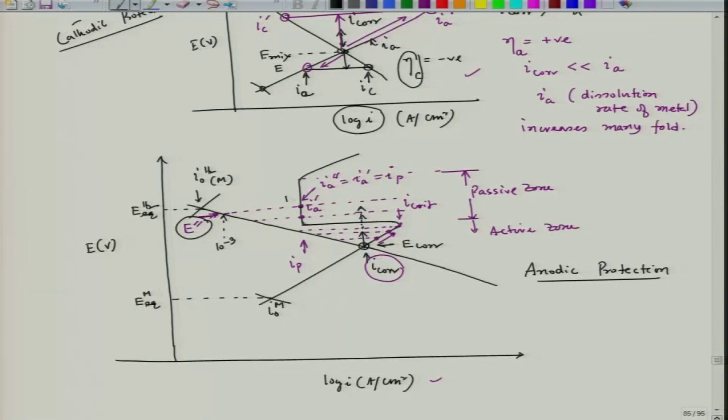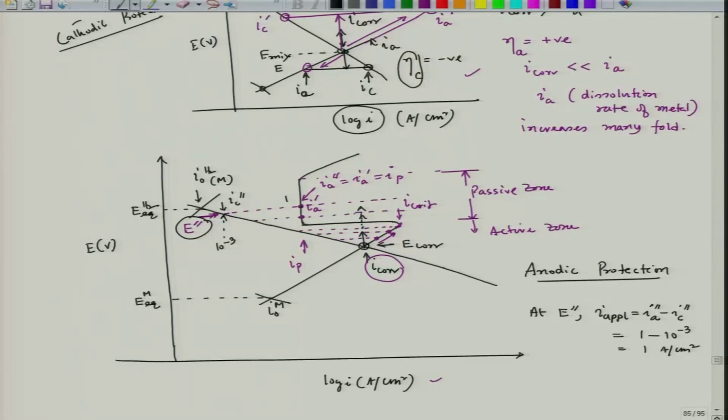So, that means this is 1 ampere per centimeter square. So, the current requirement when I apply E double prime would be equal to I A double prime minus I C. Let us say this particular current density is I C double prime. I C double prime becomes 1 minus 10 to the power minus 3, equal to about 1 ampere per centimeter square.